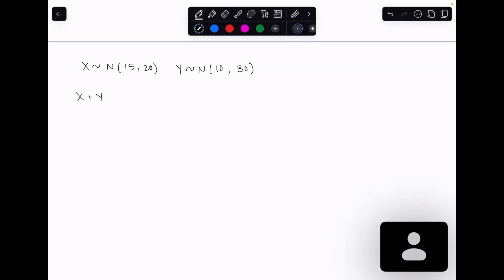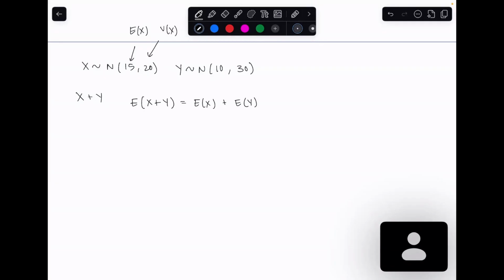All we're going to do is find the expected value, this is the expected value of X and this is the variance of X. And so all we're going to do is instead of for X, we'll do that for X plus Y. And so the expected value of X plus Y is just equal to the expected value of X plus the expected value of Y, right? Because it's a linear operator, I can split my expectation up when it's being added or subtracted, not multiplied or divided.